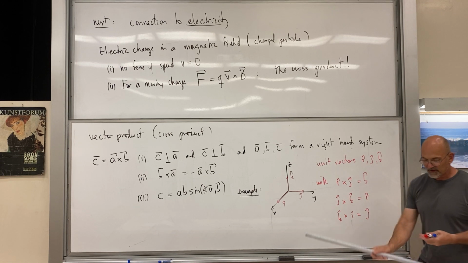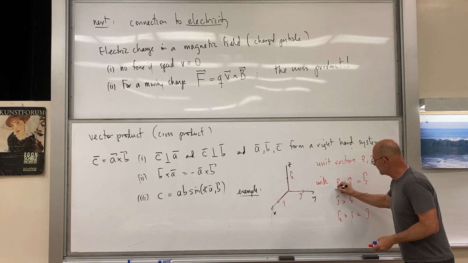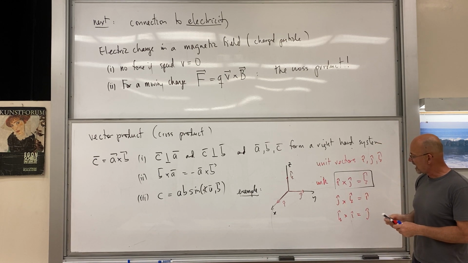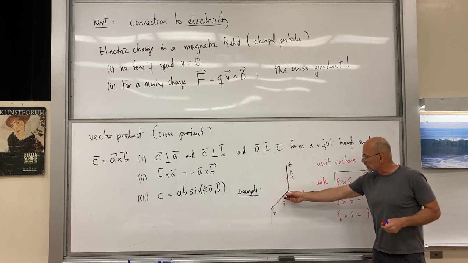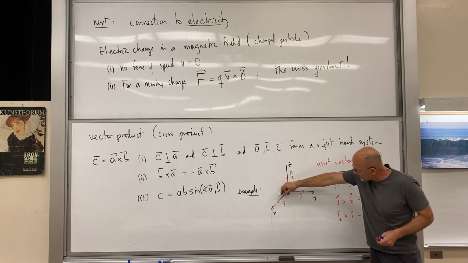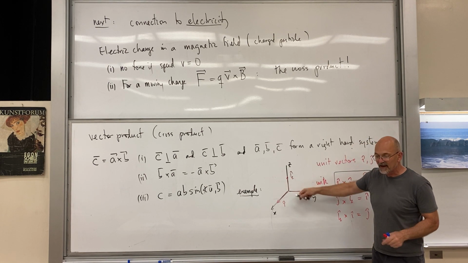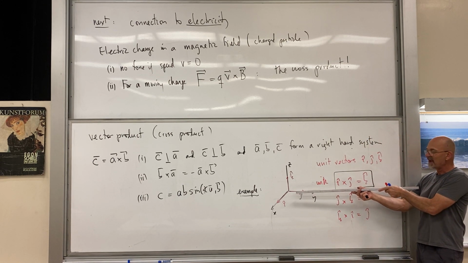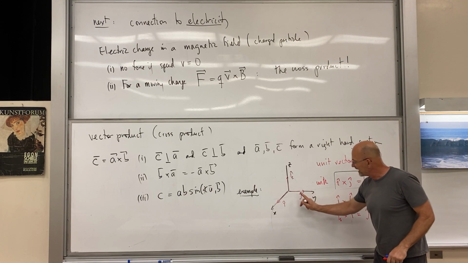So let's start with this first one here. This is a good way to see the right hand rule and everything. Imagine I hat's pointing out of the board. I'm going to cross it physically. I'm going to turn it into J hat. So it's here, and I'm going to rotate it into J hat, and that gives me K hat.